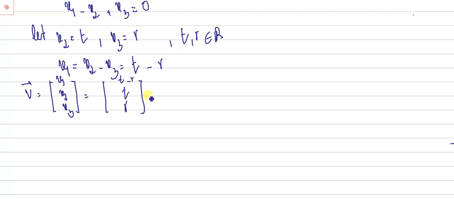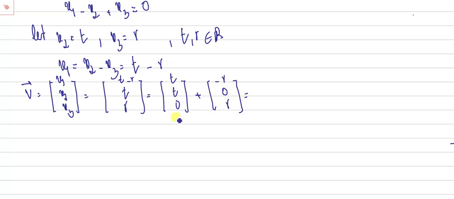So we separate parameter r and t by part of t and r. So we got t and 0 plus this one minus r, 0 and r.